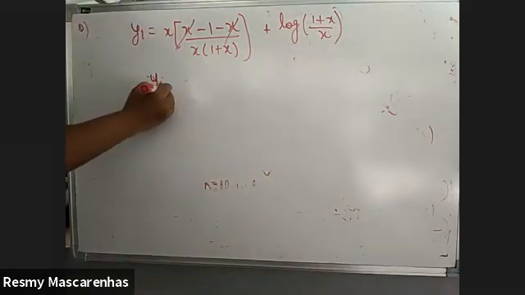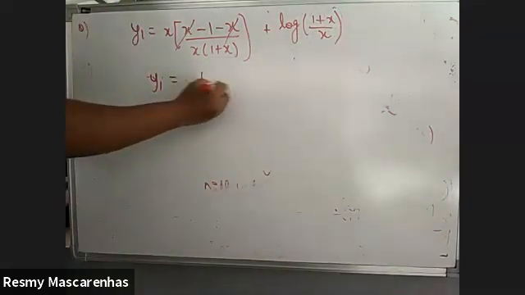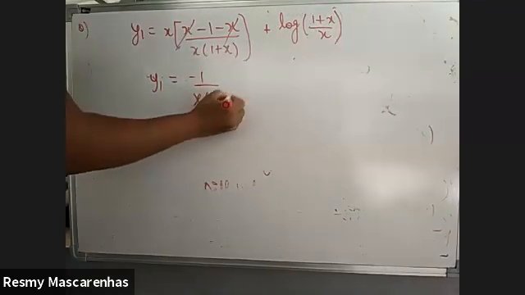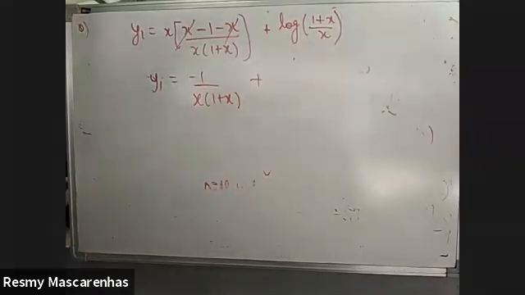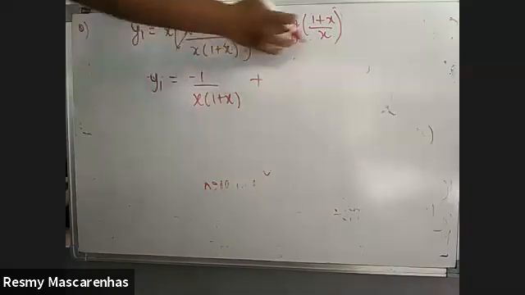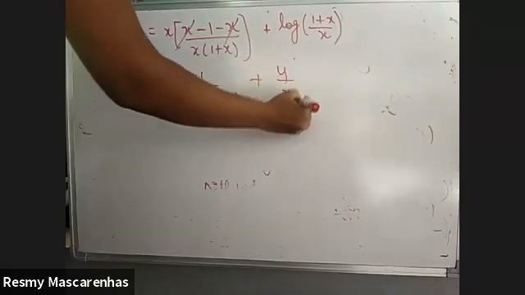So instead of that, what I will get is minus 1 upon x plus, instead of this, what I will get is y upon x.